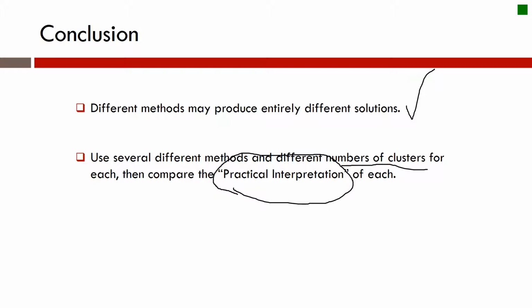Remember, the non-hierarchical method is more like a simultaneous approach to entering observations, while the hierarchical method requires you to specify more details in the process, the method and the distance in particular that's going to be used, but it also uses a step-by-step iterative approach to forming the cluster centers and clusters themselves.